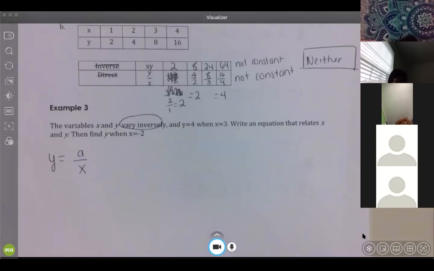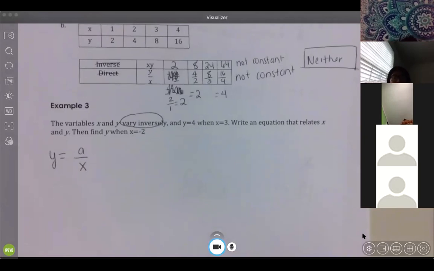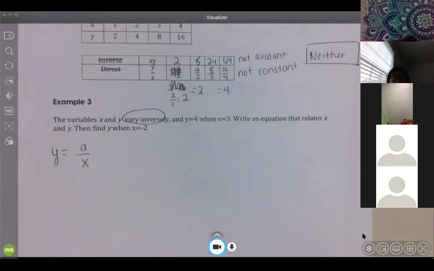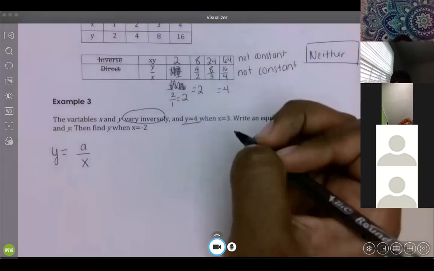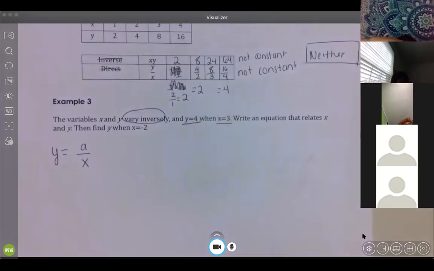First step, you want to figure out what the a value is. You want to write an equation, but to write an equation, you need to know what that a value is. To find the a value, we're going to use our information right here. We know that y equals 4 and x equals 3.